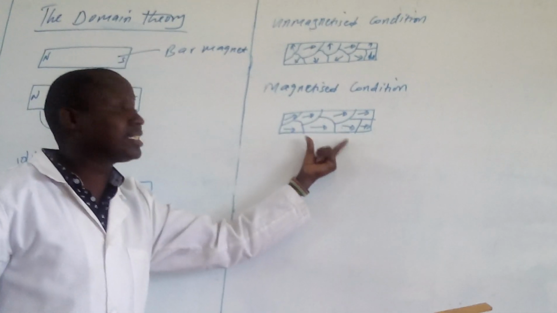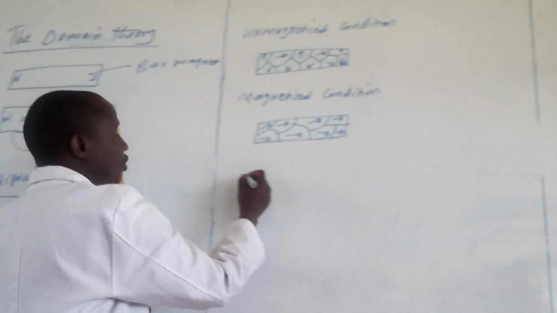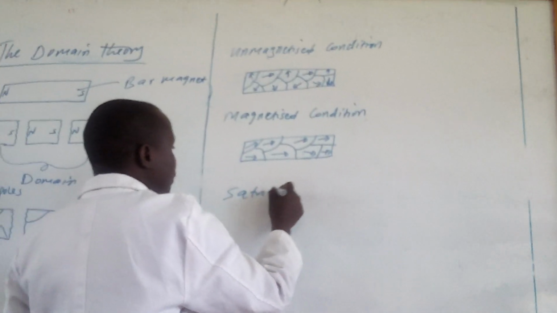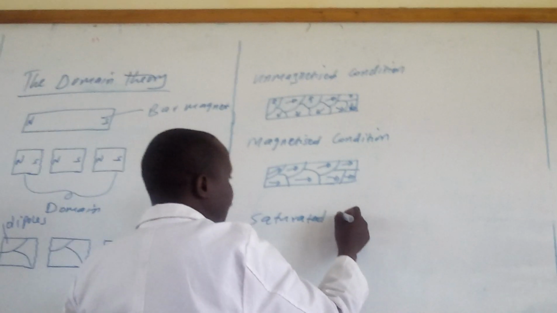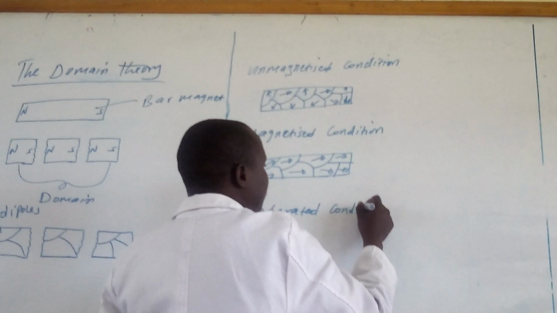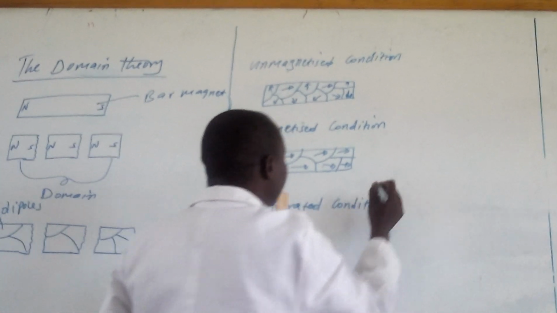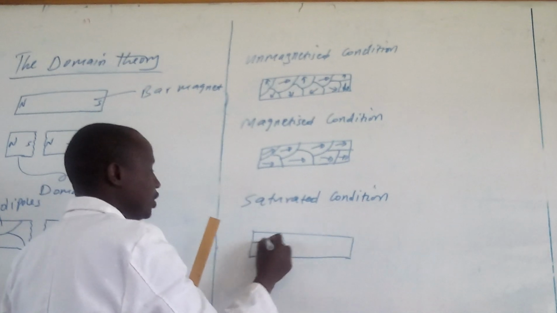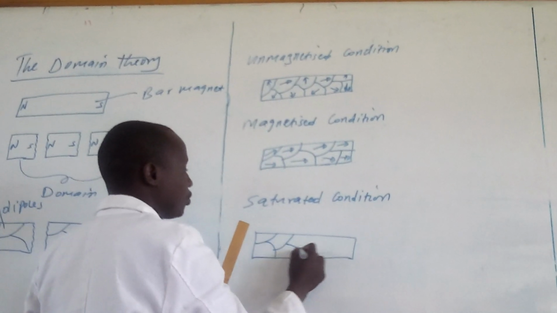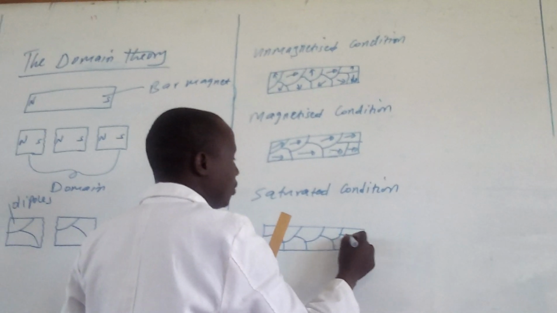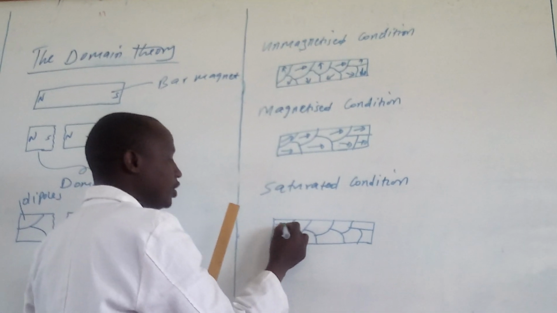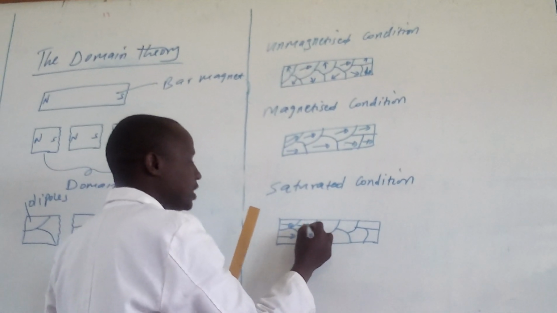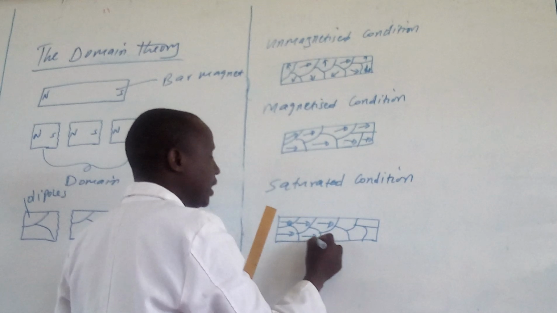If we further magnetize this one, we will have what we call the saturated condition. This is what we have in the saturated condition. So this is the dipoles also. In the saturated condition, all the dipoles strictly face in one direction.